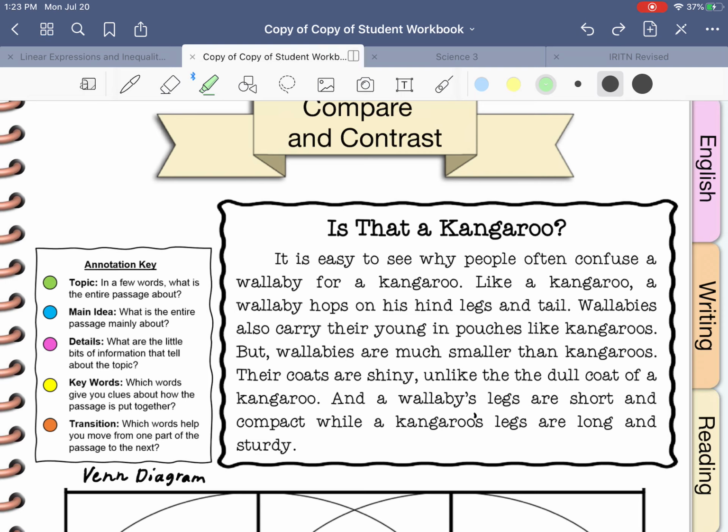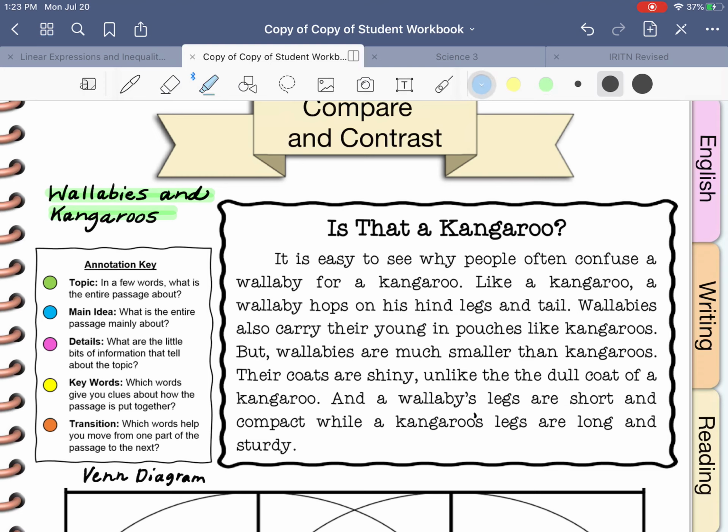This passage is about wallabies and kangaroos. Wallabies and kangaroos would be the topic. So be careful that you're not just highlighting it because it's the title. It actually has to name the topic.